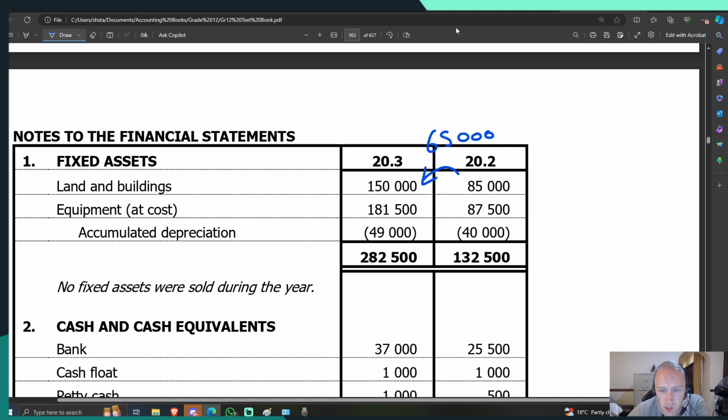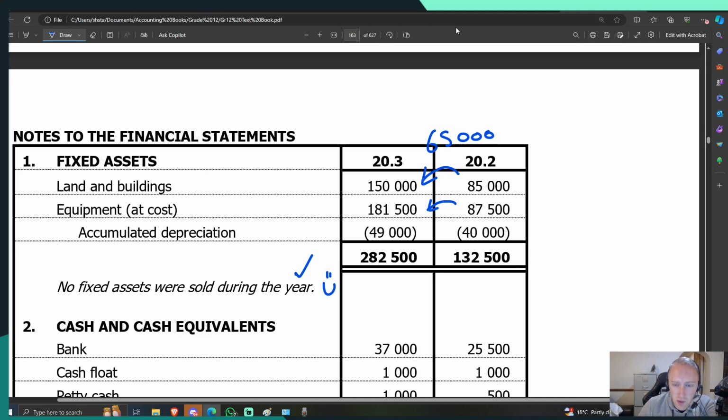Our equipment went up by, oh no, actually we're going to have to do a little bit of a calculation here, because we had equipment going up. But there was nothing going down. It says no fixed assets were sold during the year. Yay, so we don't have to worry about that. We only have to look at these figures and see how much the equipment changed.